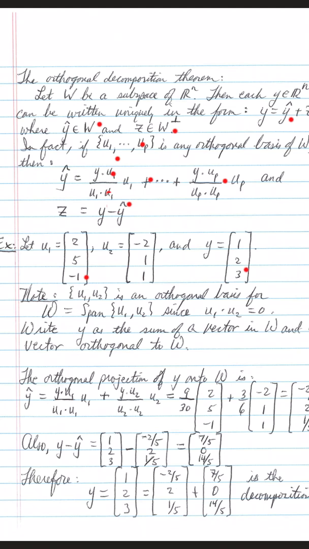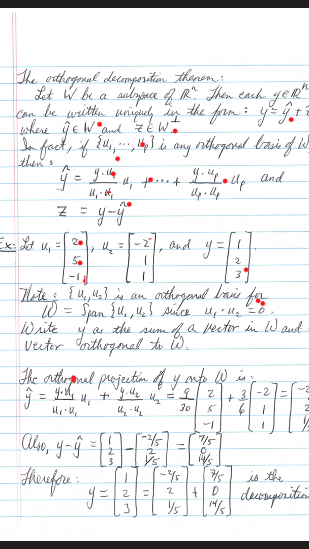Note that u1 and u2 is an orthogonal basis for W, which is the span of those vectors. 2 times negative 2 plus 5 times 1 plus negative 1 times 1: negative 4 plus 5 is 1, plus negative 1 is 0. If your dot product is 0, then your vectors are orthogonal. Write y as the sum of a vector in W and a vector orthogonal to W. This is where we have to calculate y hat.